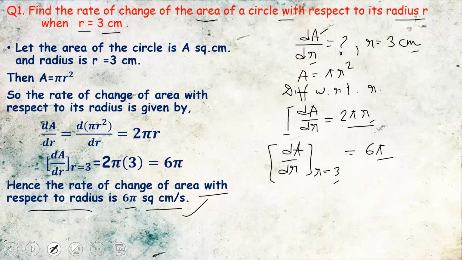So here is your answer. So check the answer, that is the rate of change of area with respect to radius is given by square centimeter per second. Since the radius and the area are changing with respect to time, definitely.